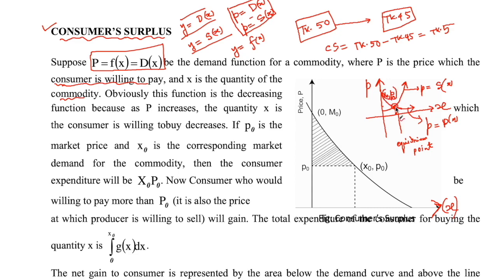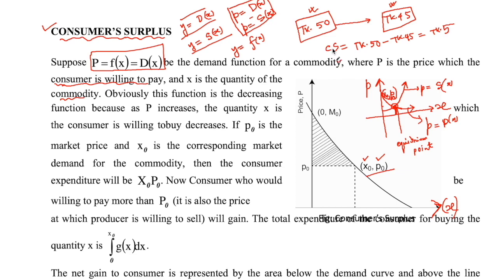If the equilibrium point is (x0, p0), then x0 is the market quantity or equilibrium quantity, and p0 is the market price. Now I said before, the difference between the market price and what the consumer is willing to pay is the consumer surplus.